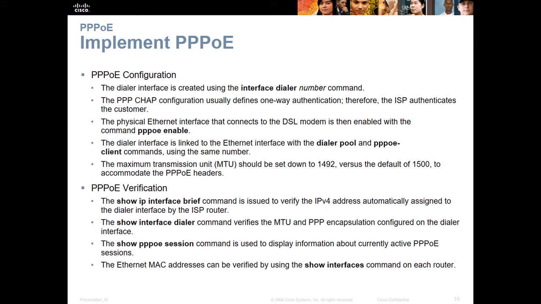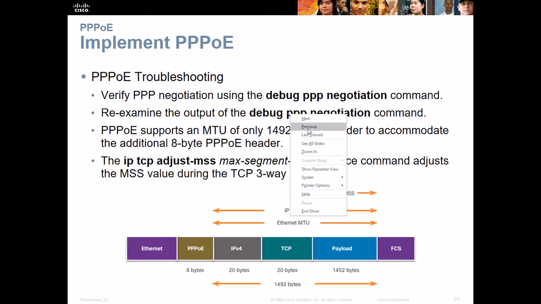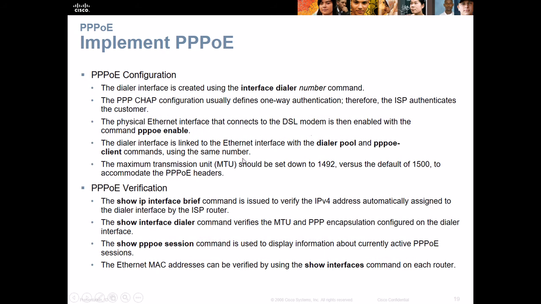You'll create a dialer interface, which is a virtual interface, and you'll negotiate the IP address, which means you'll ask the ISP for the IP address. Then you bring up the virtual interface eventually.